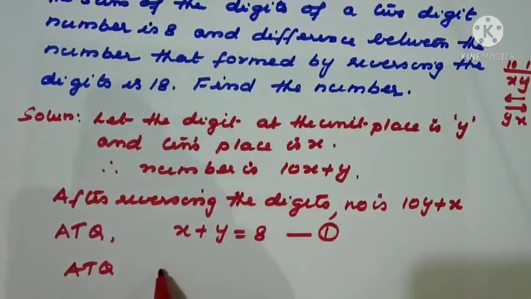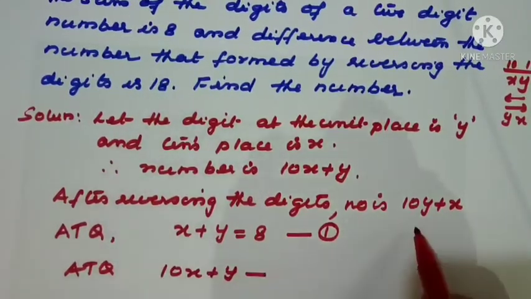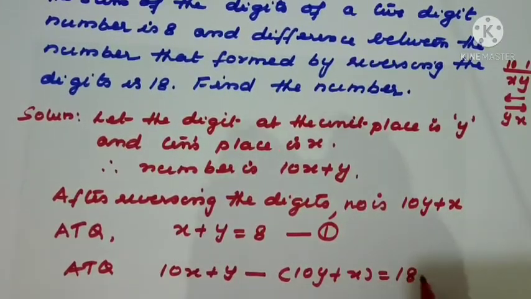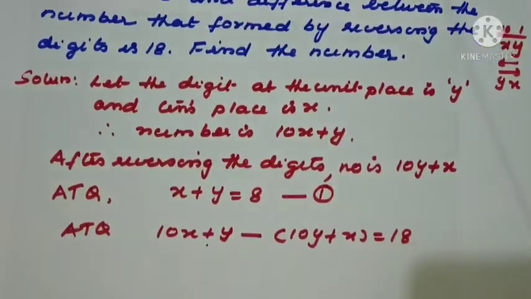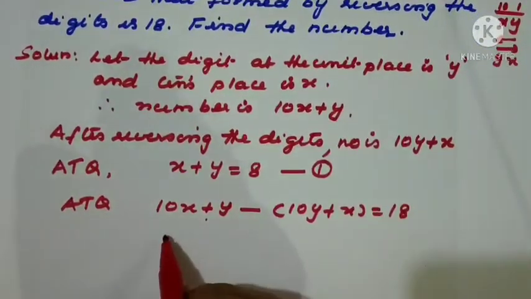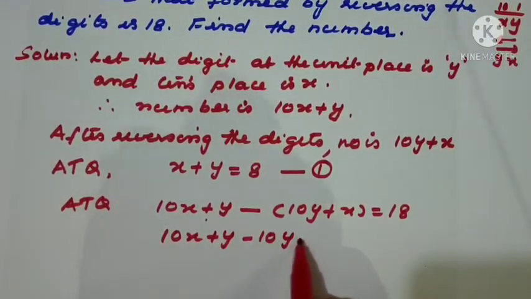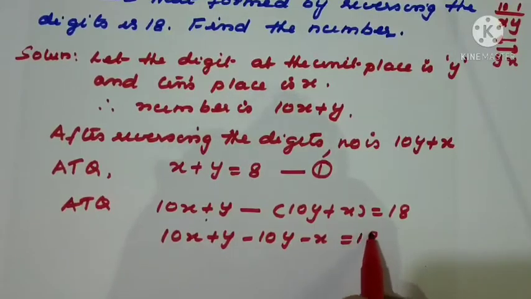So what is the number for us? 10x plus y. And what is the number after reversing the digit? 10y plus x, equal to 18. So expand the bracket now: 10x plus y minus 10y minus x equal to 18.